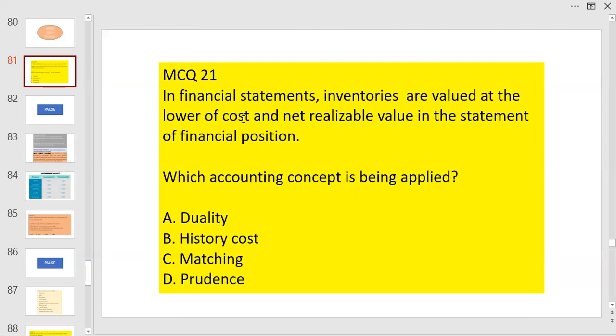So if you have to give the realistic, real value of your asset, you can't give it at an inflated 100. It has to be the net 75, which is the present market value. So here the principle applied is prudence. Answer is D. I will go to the next question.